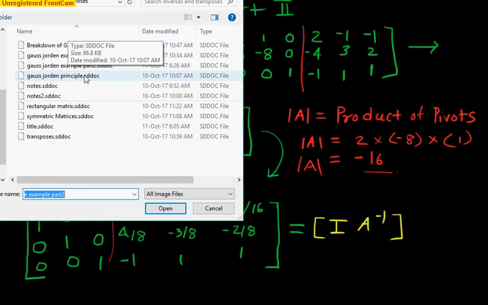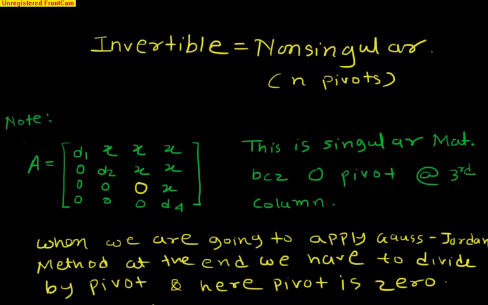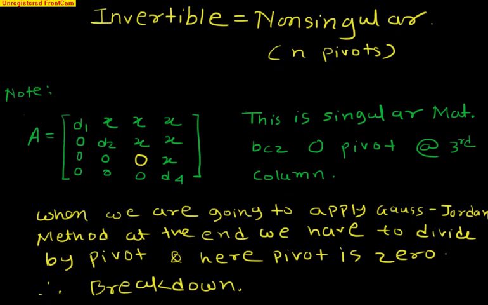Now we will move to the second part, breakdown. Here we will see when the Gauss-Jordan method breaks down. The important thing is, when a matrix is singular, we cannot find A inverse by any method.